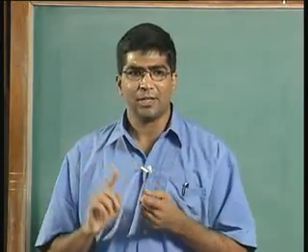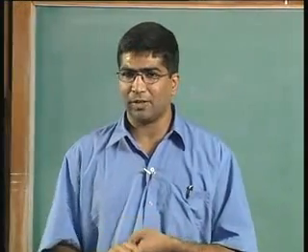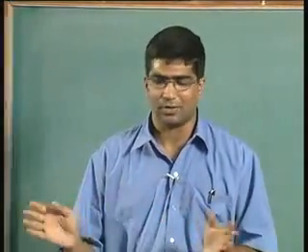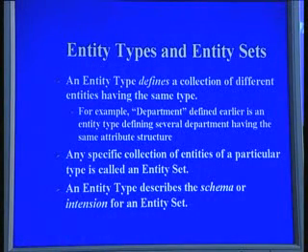That is, they should have a department identifier, a clearly defined address, one person designated as manager, and so on. So an entity type describes what is called an intention or the schema for an entity set, or different entities of the same type.